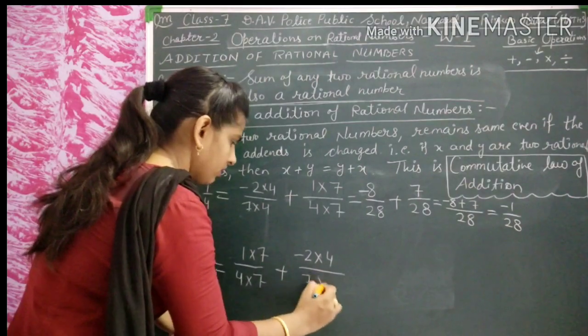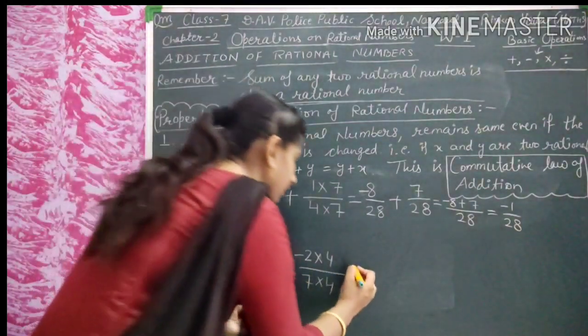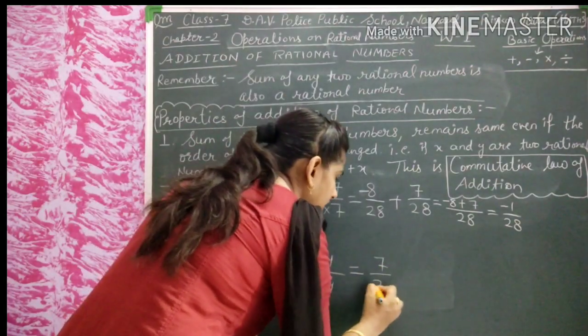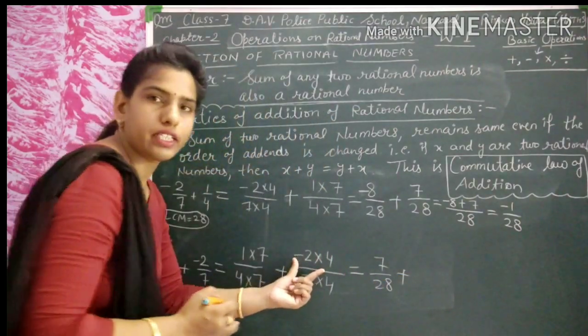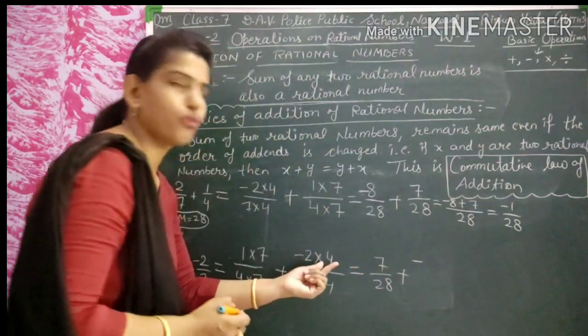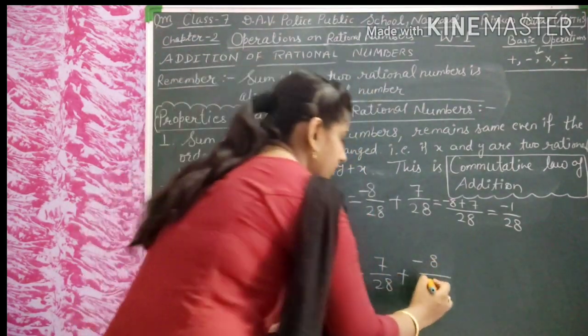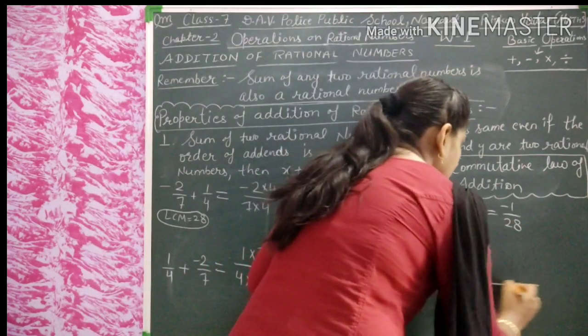And 7 fours. There is the number 4 here, which we multiply. This becomes 7 by 28, and the same plus, and it will get here minus 2 fours are 8, divided by 28. That is 28 here.